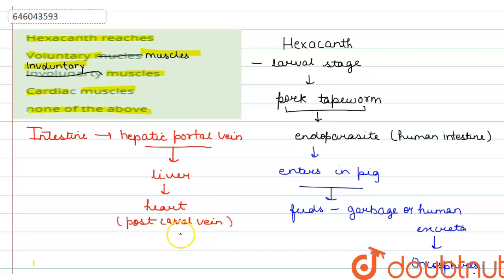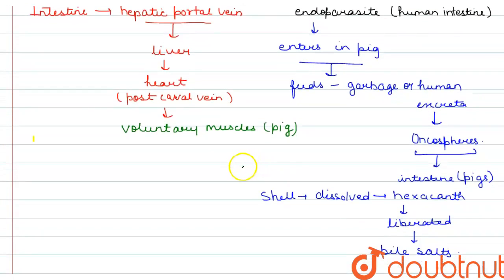After reaching the heart, it goes to the voluntary muscles of the pig. Now it has reached the voluntary muscles of the pig.